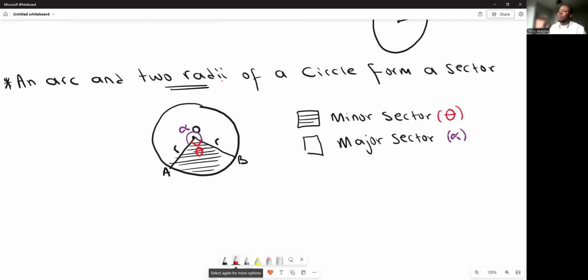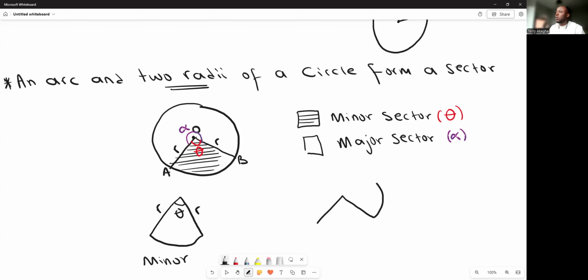So if you want to break this down, you can have a particular sector like this, where you have theta and R and R, and this is for the minor sector. Or you can have it like this, where this is alpha, and this is R and R, and this is for the major sector. So you can look at it in different ways.